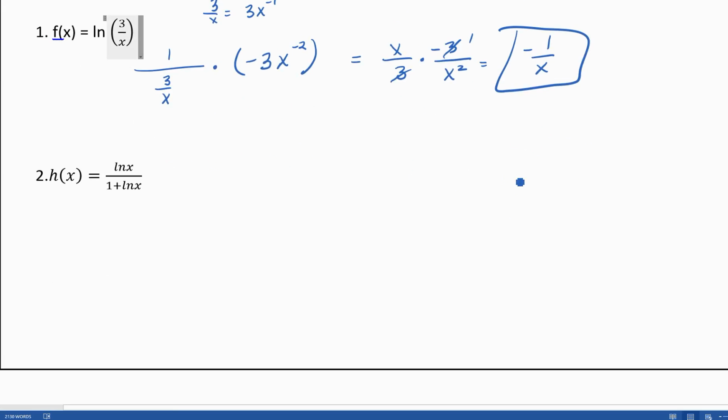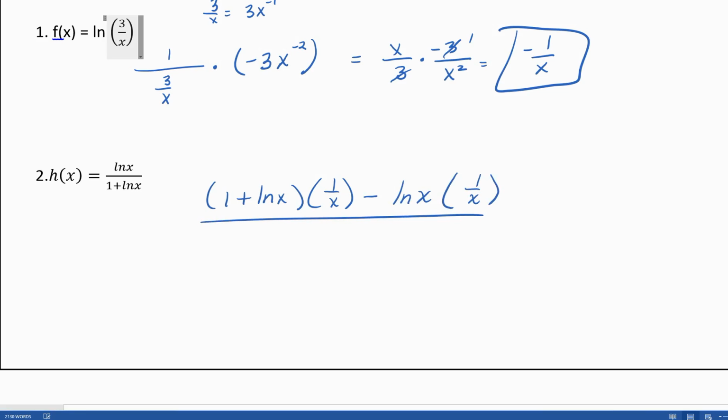Okay, next we have a quotient that involves a natural log of x. So we have natural log of x divided by 1 plus natural log of x. So we'll use the quotient rule. So low d high, the derivative of natural log of x is 1 over x, minus high d low, where the derivative of 1 is 0, so we just have 1 over x, all over the bottom squared.